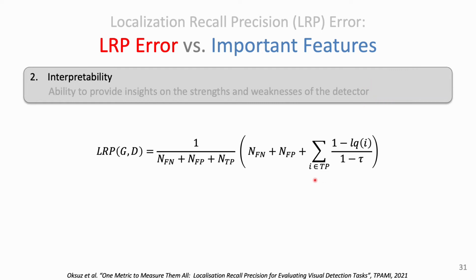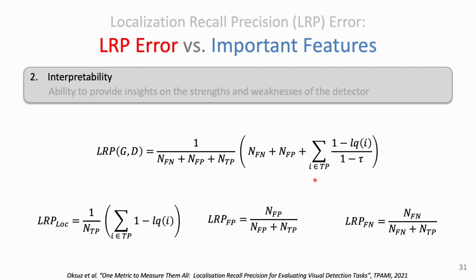In terms of interpretability, we can rewrite LRP error as a summation of three components: a true localization component, a false positive component, and a false negative component. Therefore, using LRP error, we can interpret the types of errors a detector is making. Therefore, we can say that LRP error is interpretable.